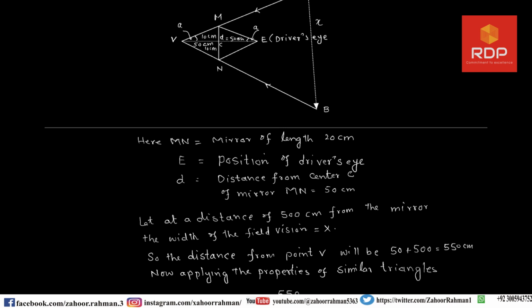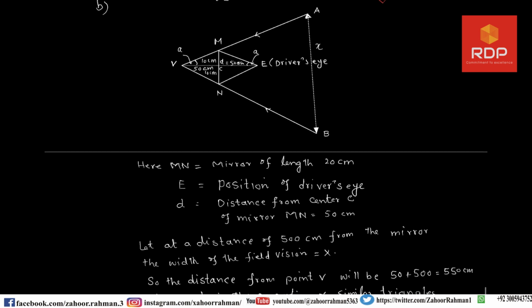E is equal to the position of the driver's eye. D is the distance from center C of the mirror. D is equal to 50 centimeter. Now we have to find that dash line, and that is ABX, how much area is exposed to the driver when he is seeing in the mirror.